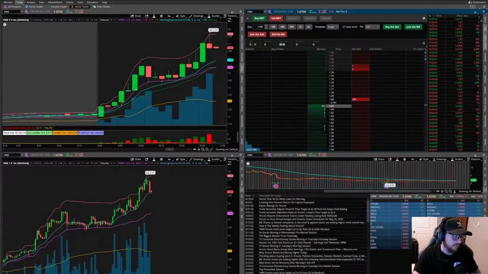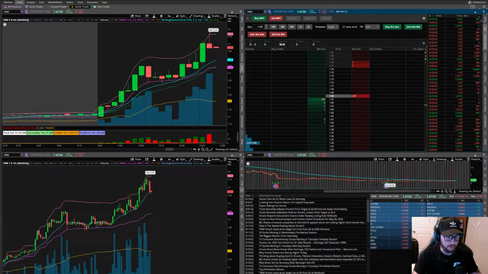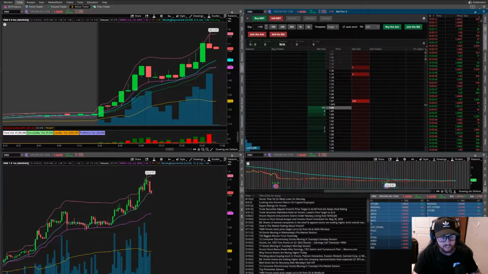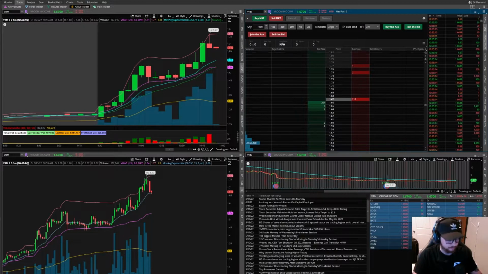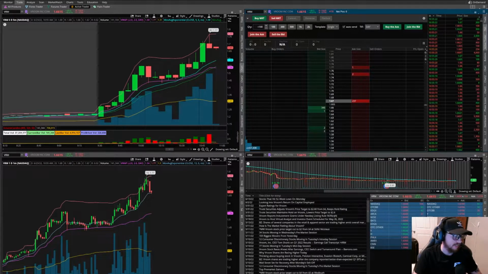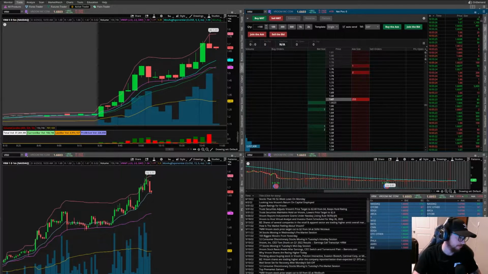So my advice overall, to answer the question quickly: if you have 25K or less, I would either open a cash account with it or open a margin account with less than 25K and build it up. And then once you have 26, 27, something like that, make it a margin account, and you can trade free.